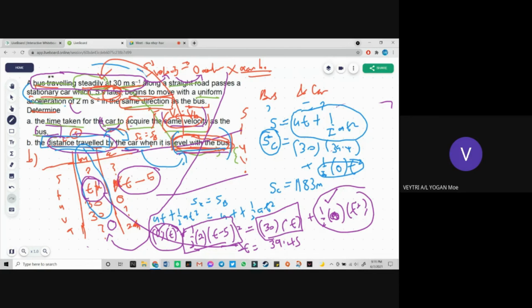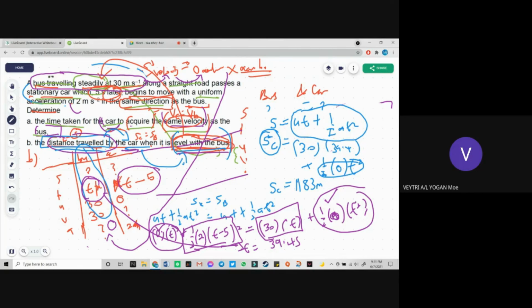Alright, let me just repeat this part, okay? Distance traveled by the car when it is level with the bus. Okay, the bus is actually traveling the whole journey, okay? But right now, you want to find the distance traveled by the car. Maksudnya the bus is still traveling. Basically, the car has to catch up with the bus in order to be level.